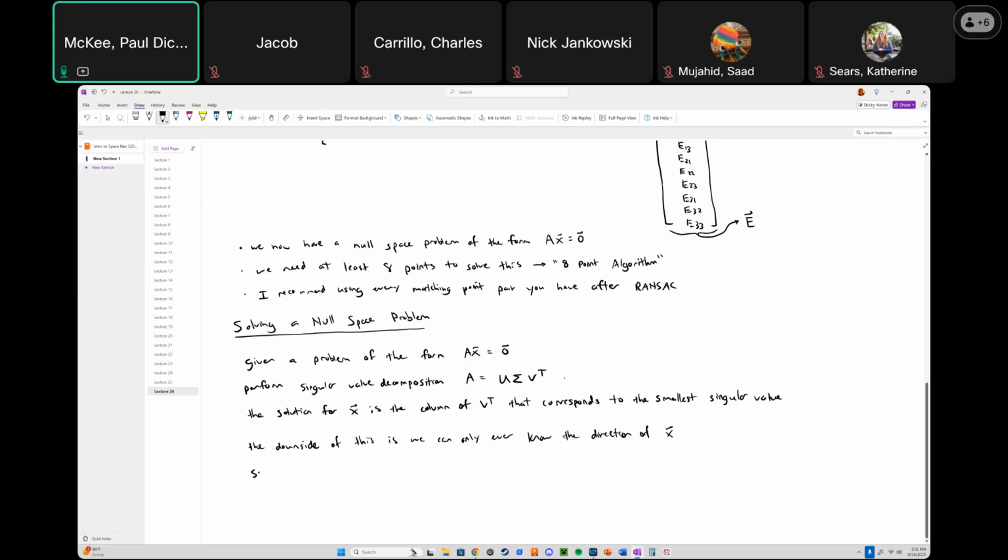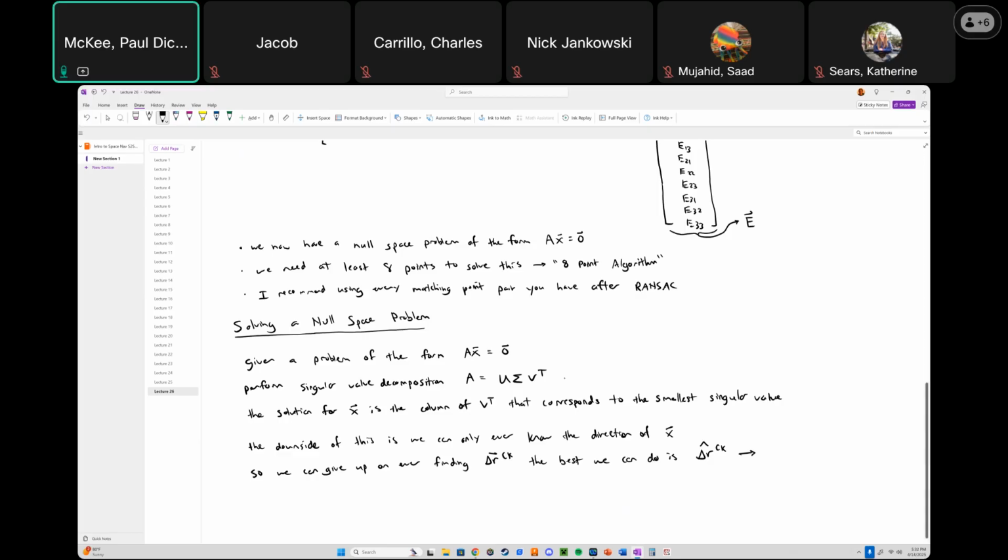So we can give up on ever finding it. Remember, what we were originally after is delta R in the camera K frame. The best we can do is the delta R in the camera K frame unit vector.